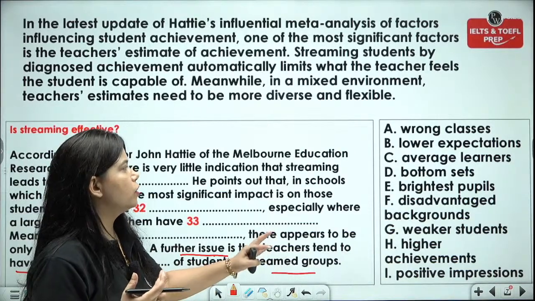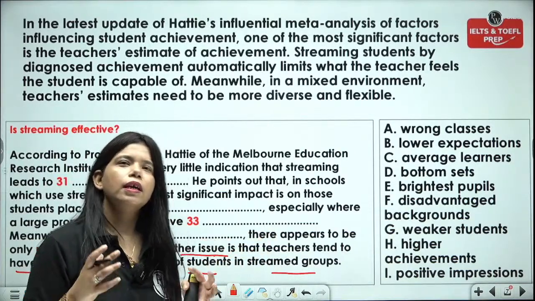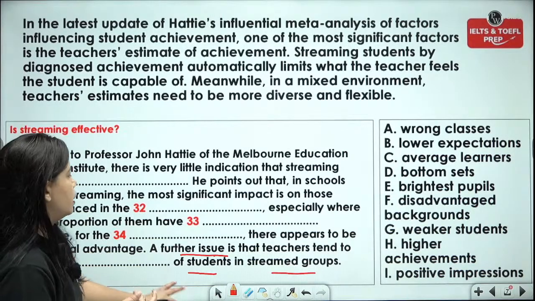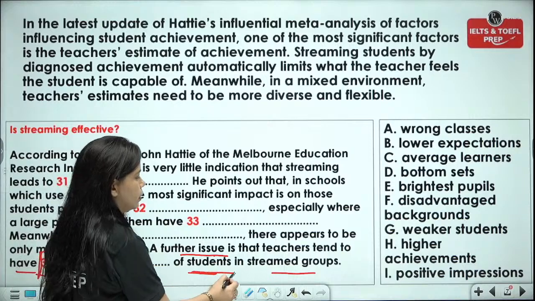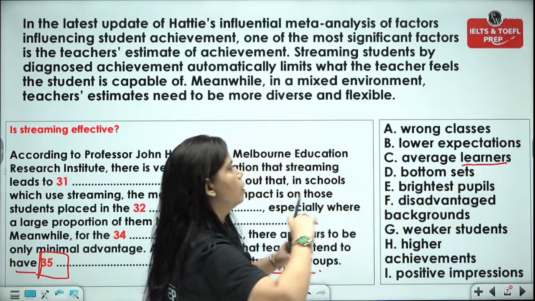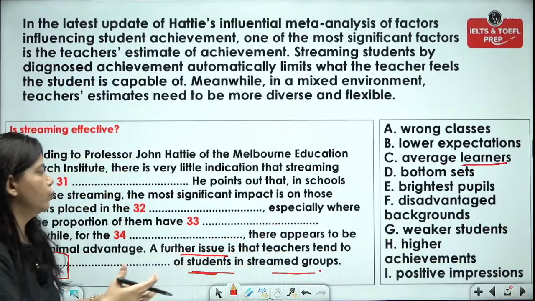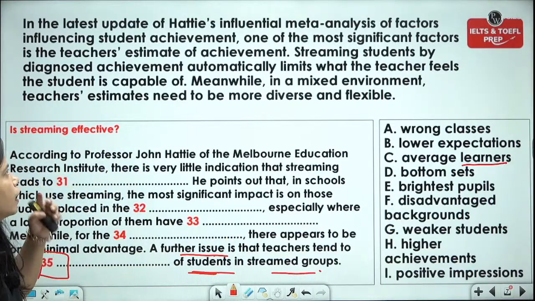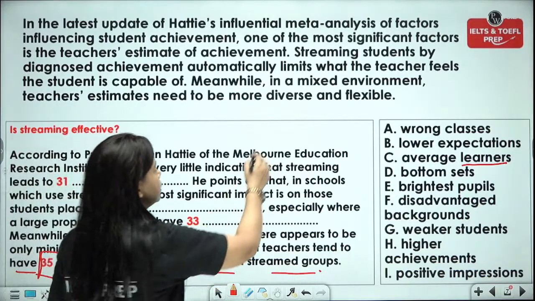C means teachers tend to have average learners. It doesn't go grammatically. We can't say that teachers tend to have average learners of students, because students and learners mean the same thing. That just does not fit grammatically.